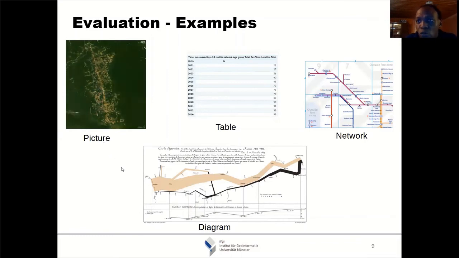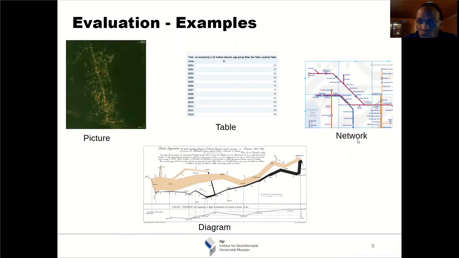I'll briefly go through the examples. We have aerial photographs like this picture of the deforestation of the Amazon rainforest that I have annotated in the work. Then we have tables. Here you can see it, but location is usually a column of tables, either using spatial coordinates or place names.